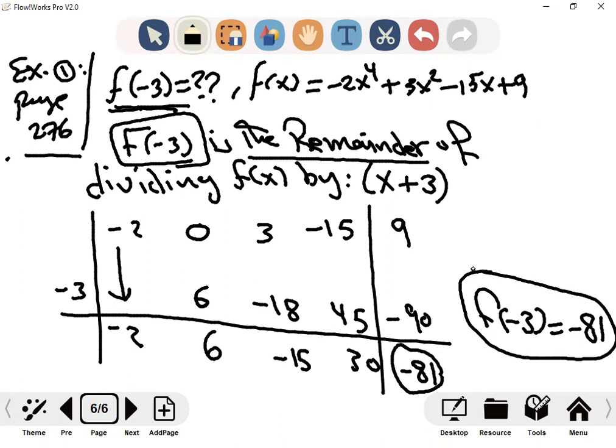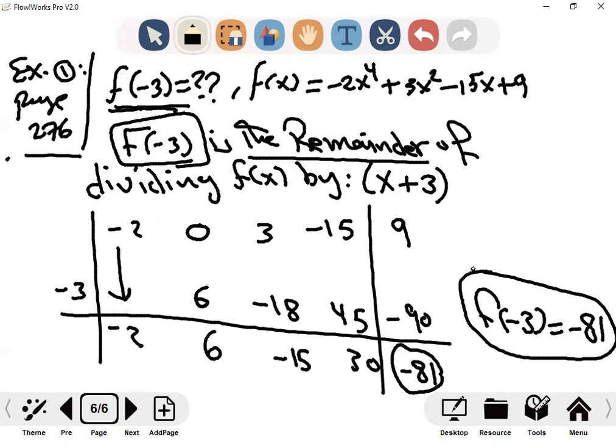Substitute normally. Use your calculator and substitute if you have. You have some calculators. Substitute. Let's go with me, quickly. -2, open parenthesis, -3, power 4.